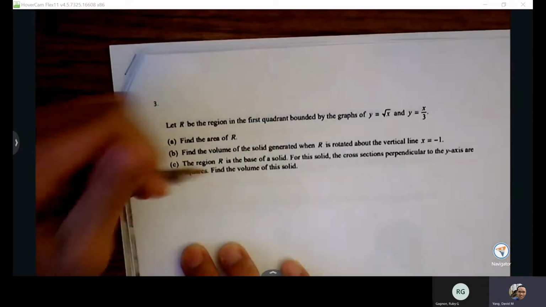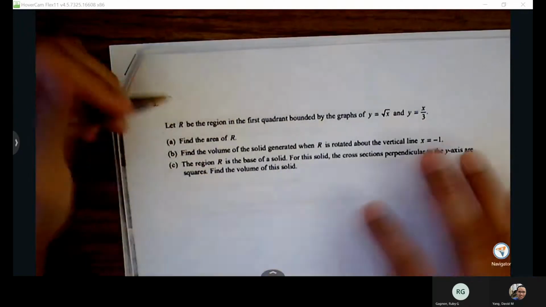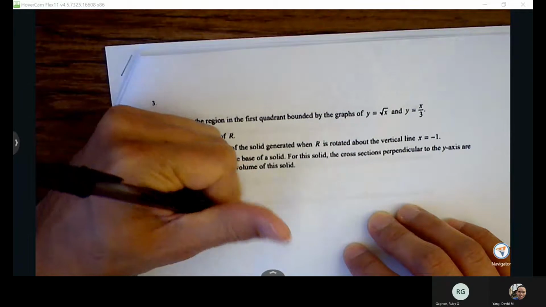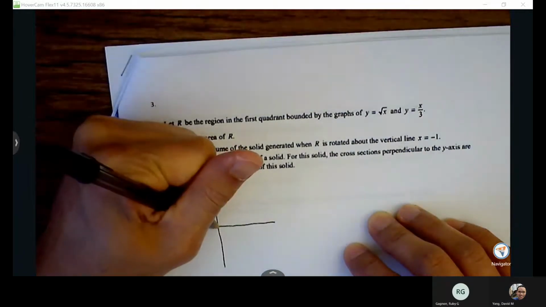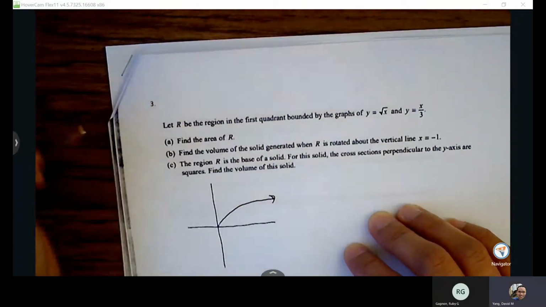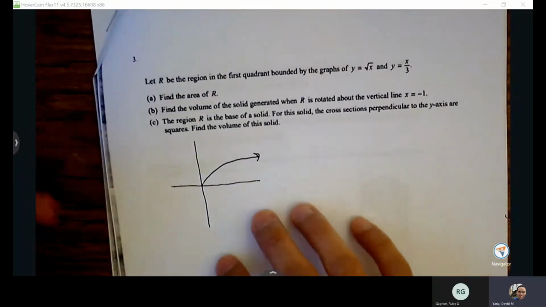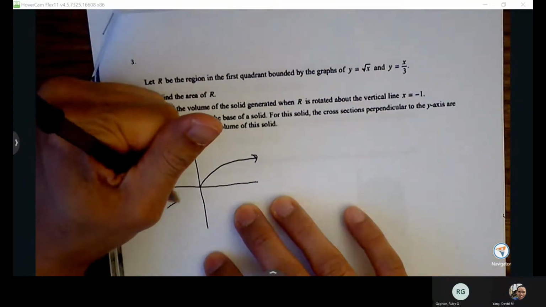Okay, y equals square root of x. X over 3 is just a linear graph.